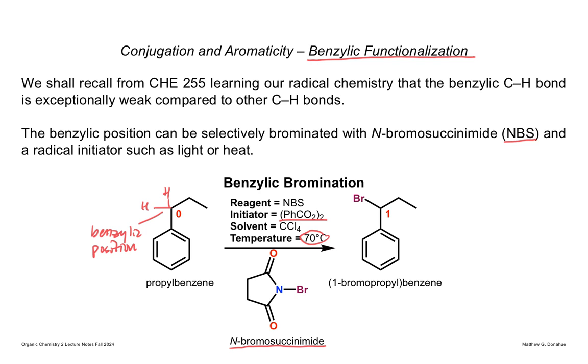The reason it does that is because this goes through a radical mechanism, where we learned in 255 that benzylic CH groups are the easiest to cleave through forming those radicals.